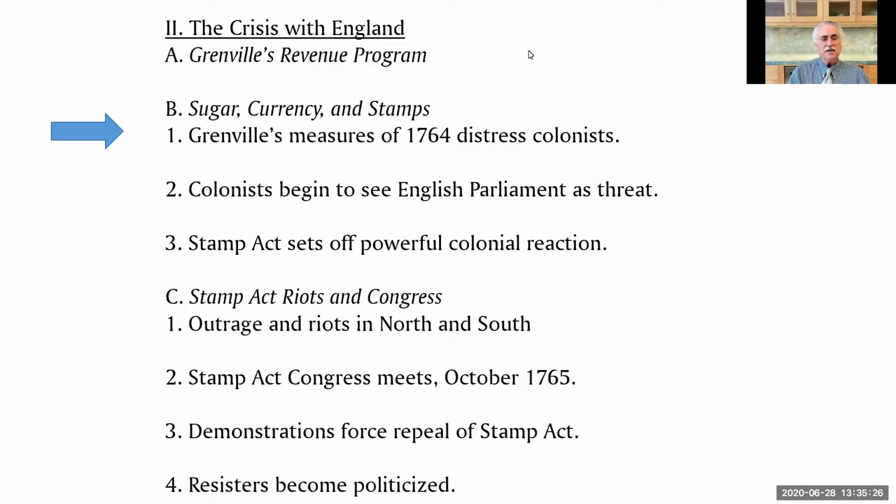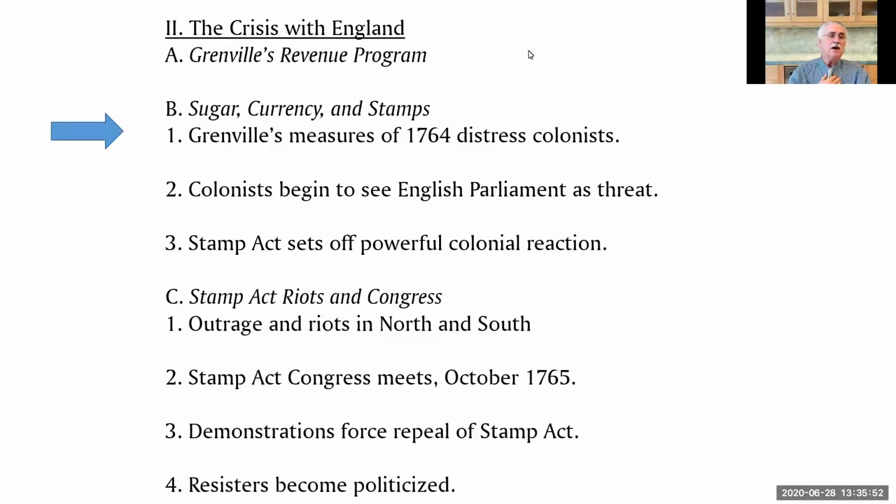Now, the other thing is that these revenue measures were passed by the English Parliament, particularly the Sugar Act and the Stamp Act. Some of the measures came from the Board of Trade, but the Sugar Act and the Stamp Act came through Parliament.